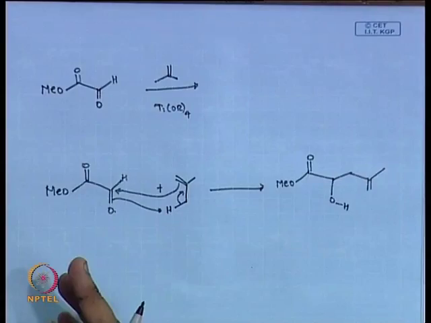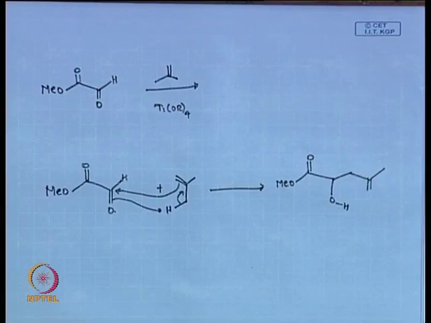So, that's what we have seen about your ene reaction, and this is your carbonyl ene reaction. So, you have seen one of the variants, carbonyl ene reactions.